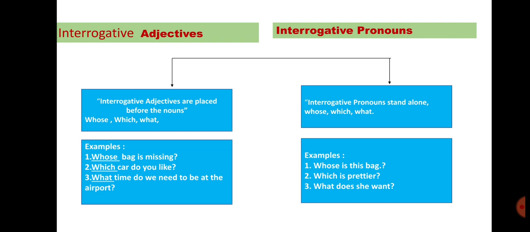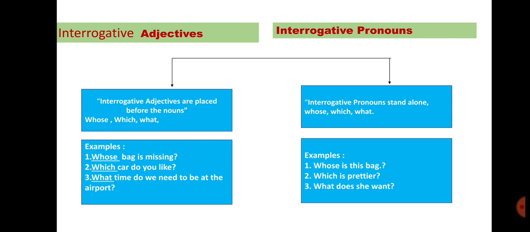Here you might have observed the differences between demonstrative adjective and pronoun, possessive adjective and pronoun, and interrogative adjective and pronoun. In interrogative pronouns, you will find a verb, especially in interrogative and demonstrative, there is a verb or an auxiliary verb after them. It is, was, does, do.